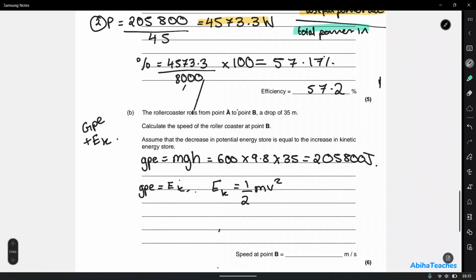Now let's quickly rearrange in order to get v. I'm going to help those who don't know how to do this. So what I would want to do is to remove the a half. So I'm going to multiply by 2 on this side to get 2Ek. And then I'm going to divide it by m. And because we want to remove this squared on the v, I'm going to square root this answer.